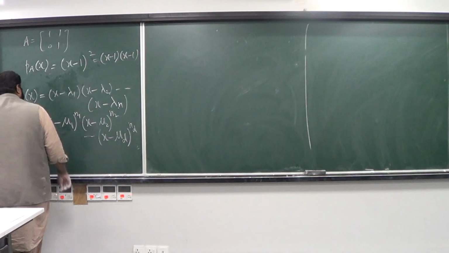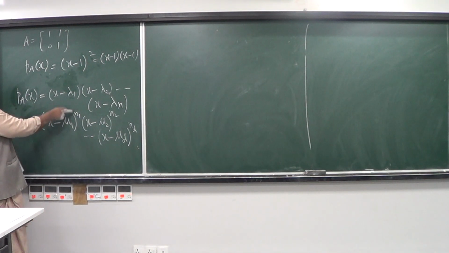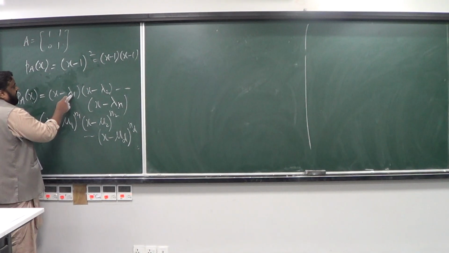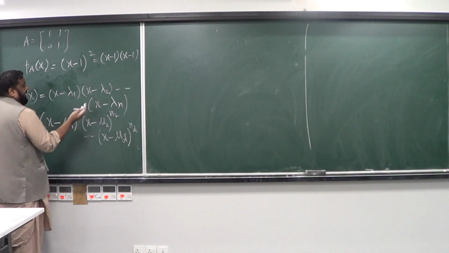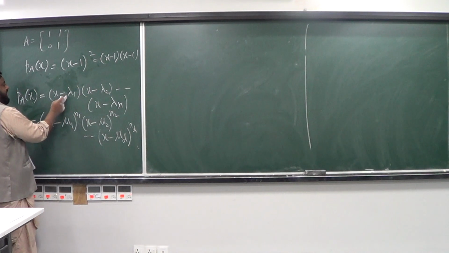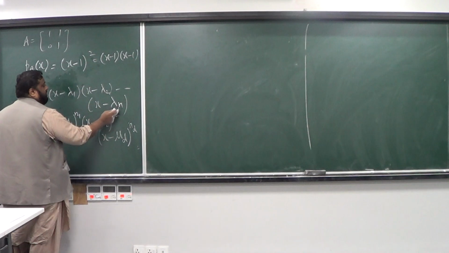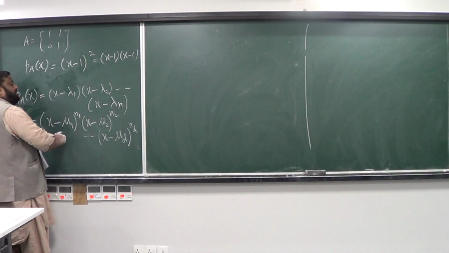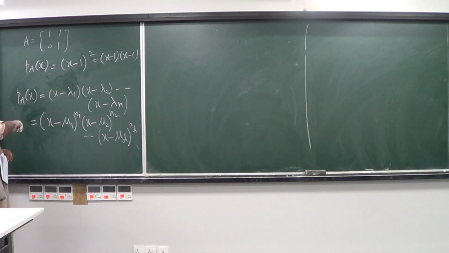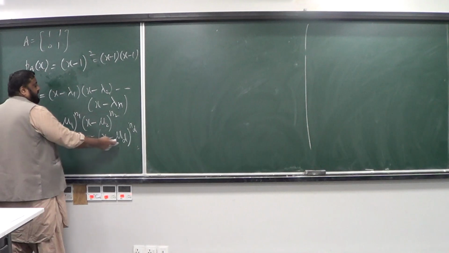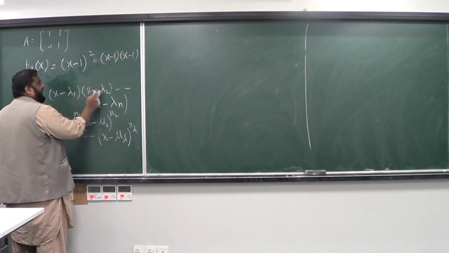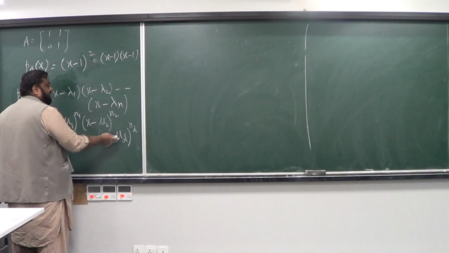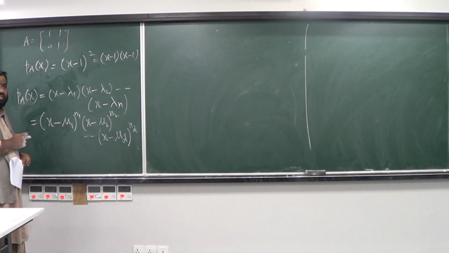What is mu 1? Mu 1 can be any of lambda 1 through lambda n. Mu 2 can also be any of them, but it's going to be different from mu 1. And mu d can be any of them, but different from all previous numbers.